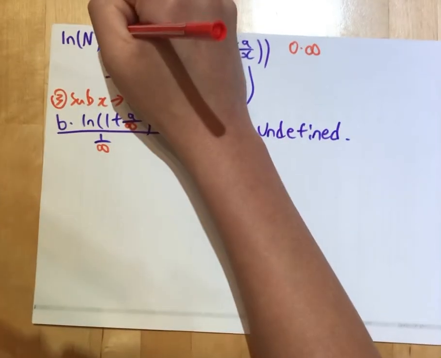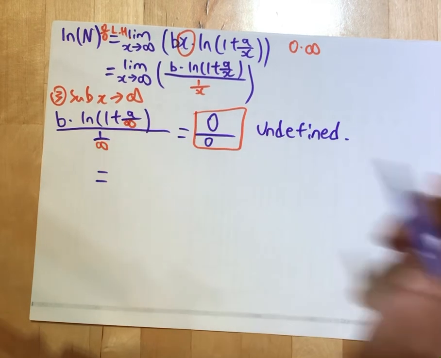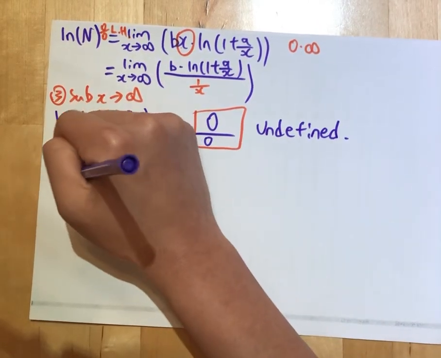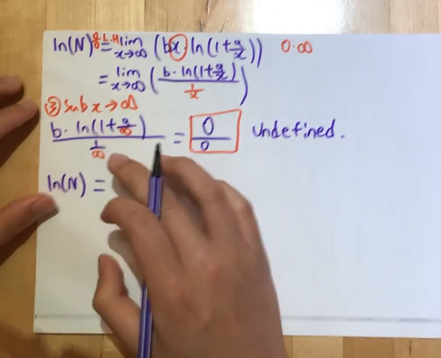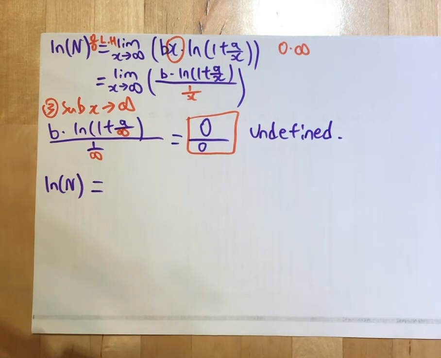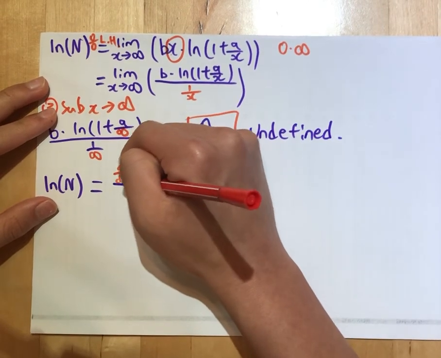We just need to write down the rule here. So L'Hospital's rule is: when we substitute in the x and then we get 0 over 0 or infinity over infinity, we differentiate the numerator and denominator.